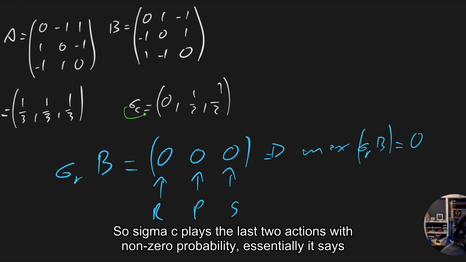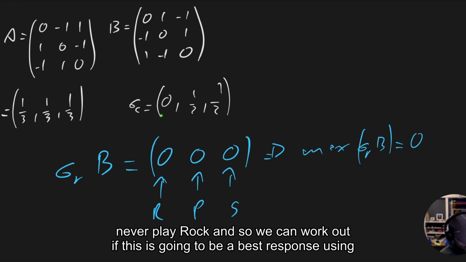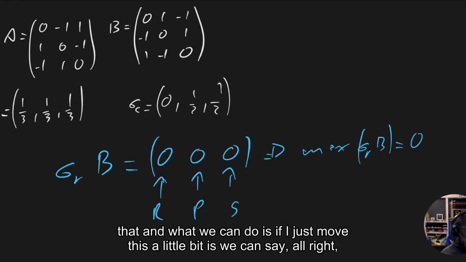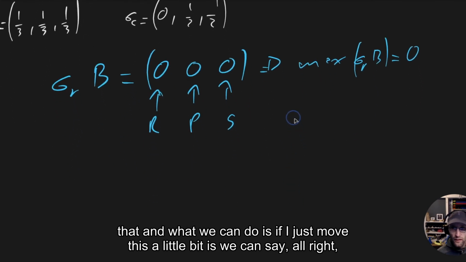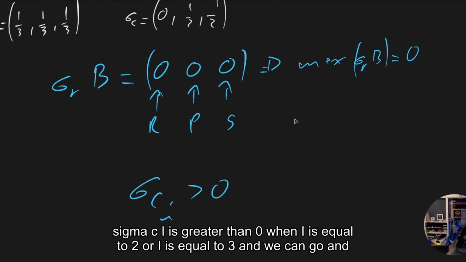So sigma c plays the last two actions with non-zero probability. Essentially, it says never play rock. And so we can work out if this is going to be a best response using that. If I just move this a little bit, we can say, all right, sigma ci is greater than 0 when I is equal to 2 or I is equal to 3.